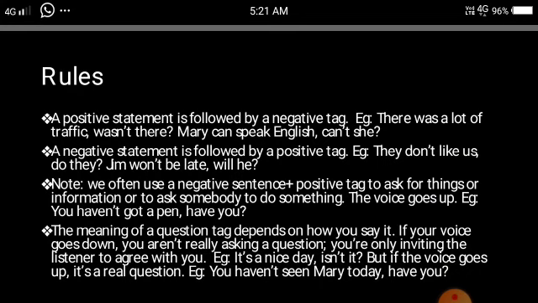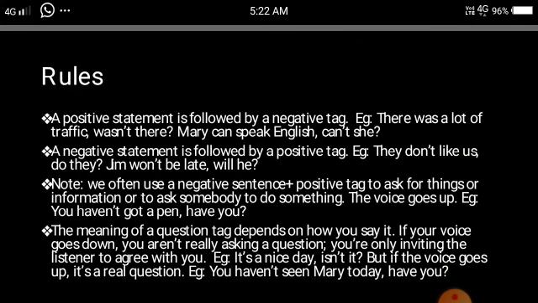It is positive. You will change it to negative by making it was plus not, wasn't, and you're going to write it as w-a-s-n-apostrophe-t. There is the pronoun which you are going to repeat and then put a question mark.